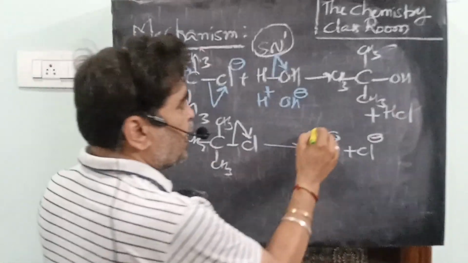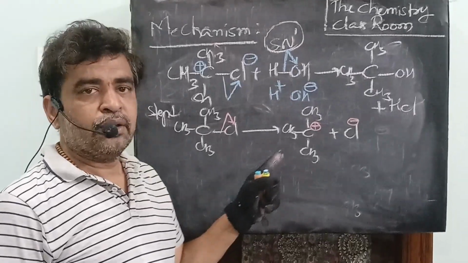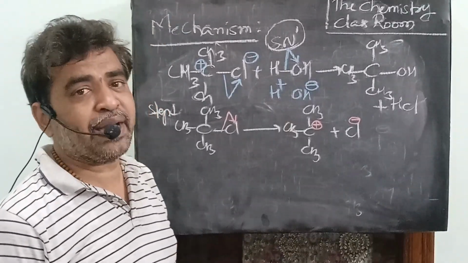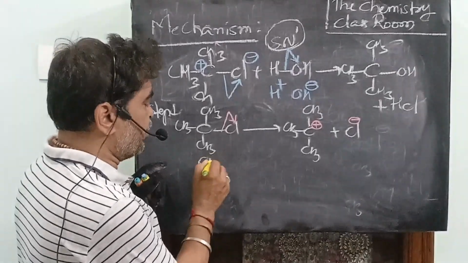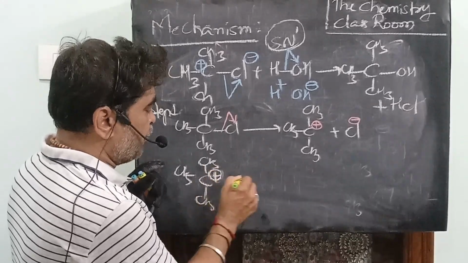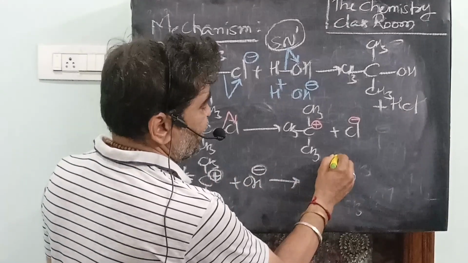Why? Because the carbon is a tertiary carbon. What do you form? The tertiary carbocation. Now it reacts with OH minus, so automatically the compound is formed.